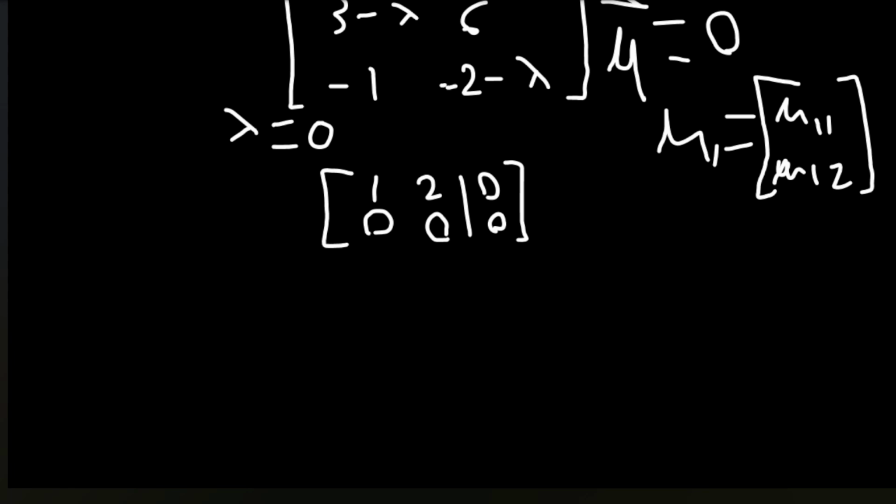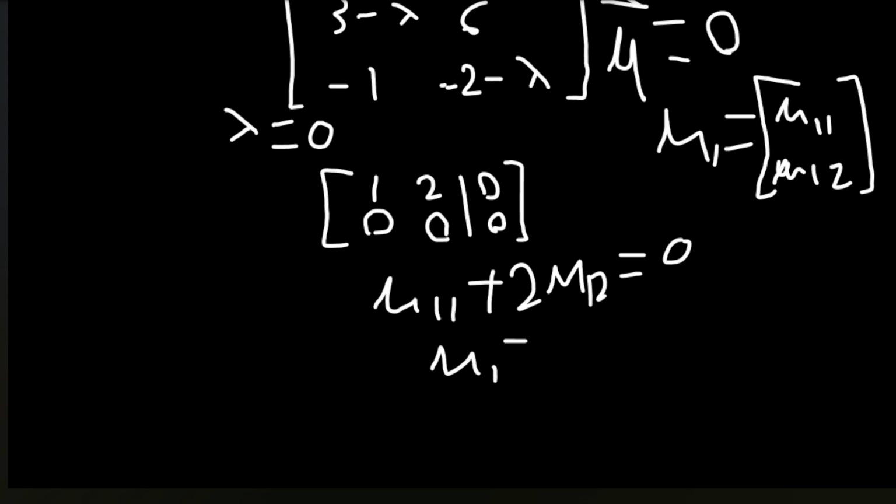multiplying this out, we should end up with mu11 plus 2 mu12 is equal to 0. Then we can say that mu11 is equal to negative 2 mu12. By doing this, now we have an equation for mu11 in terms of mu12.